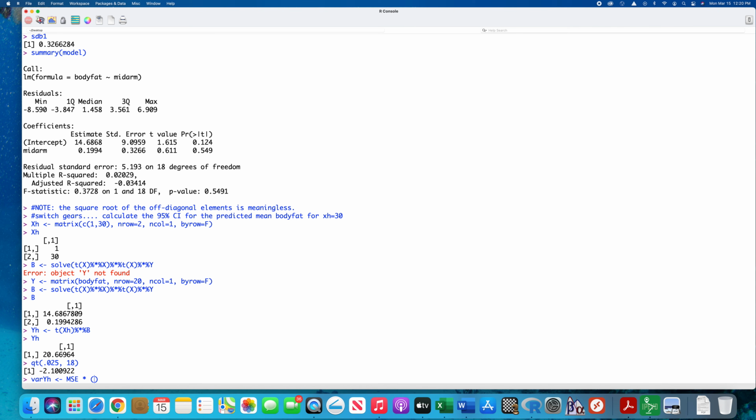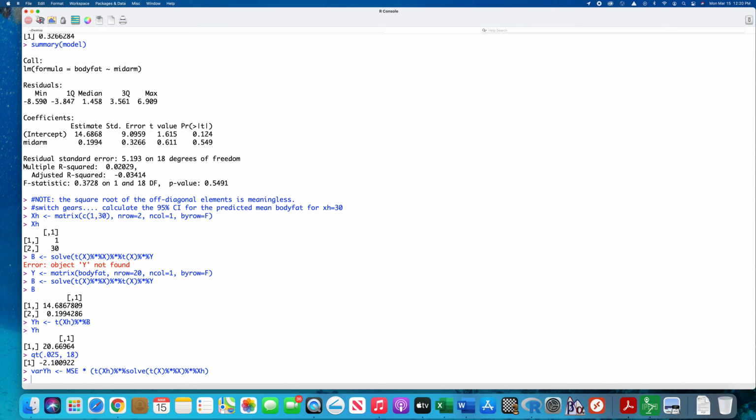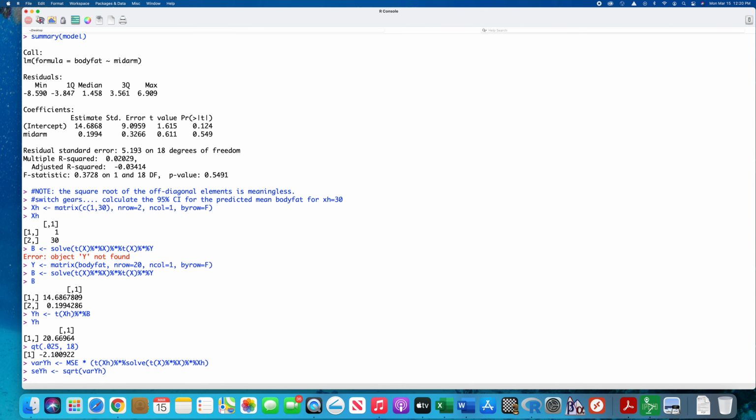So now I'm going to need the transpose of XH, and I need to make sure I get everything correct here. Okay, so I have the pieces of the puzzle that I need.